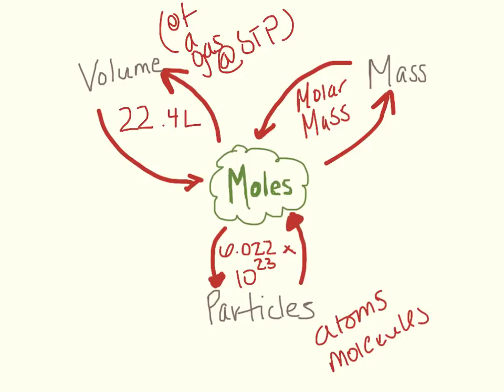It absolutely does not matter what gas we're talking about. Avogadro said that equal volumes of gas at the same temperature and pressure would have the same number of particles. And that volume for 1 mole of particles is 22.4 liters. So these are the conversions we'll be using.